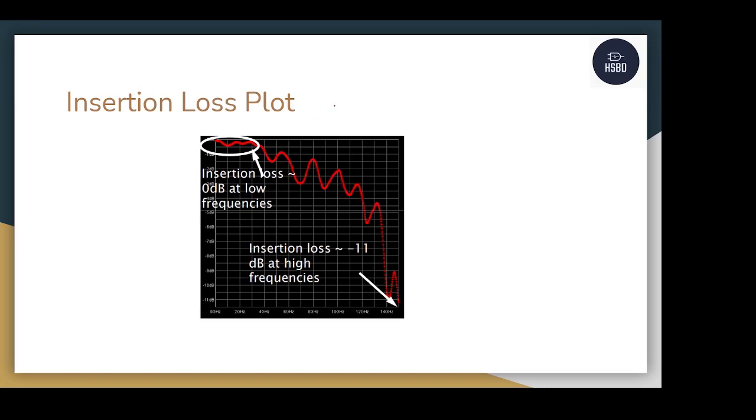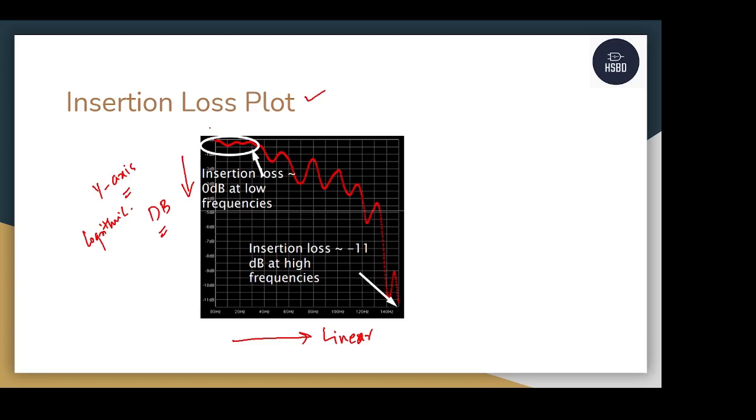This is how the insertion loss plot looks. As I already explained, the value is in dBs here, and as you can see, the values are getting negative. That means the y-axis is logarithmic and the x-axis is linear.